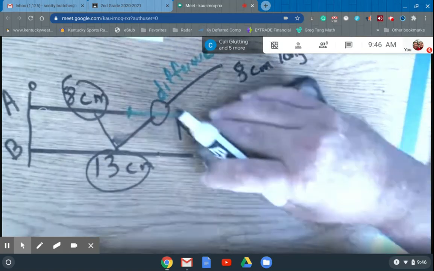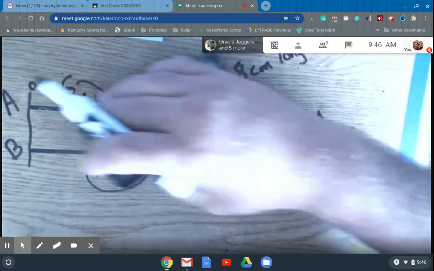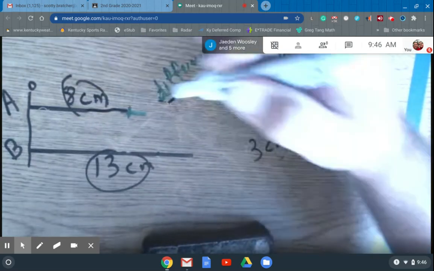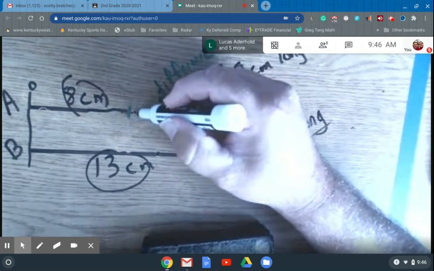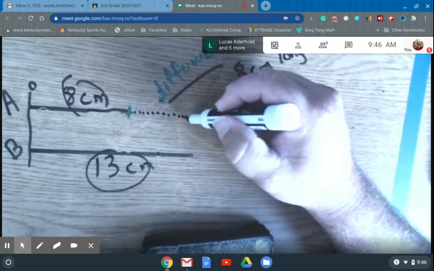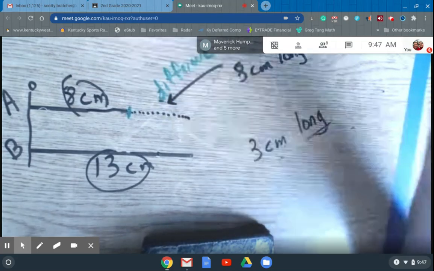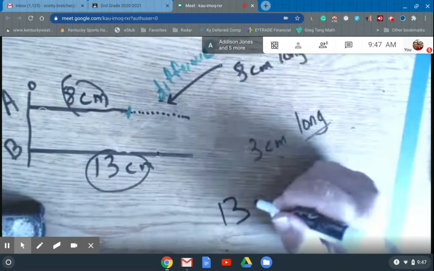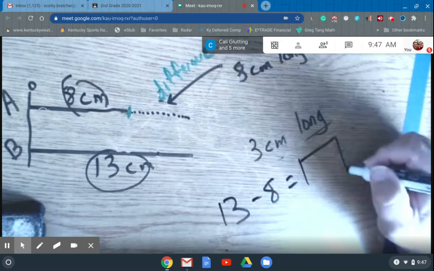All right, so let me erase this number bond part. Okay? Put this back in. All right. So I'm going to say that I'd have to add this part, and I'm going to put it kind of like a dotted line. And that's the difference right there. Okay? So it's 13 take away 8 equals the difference.